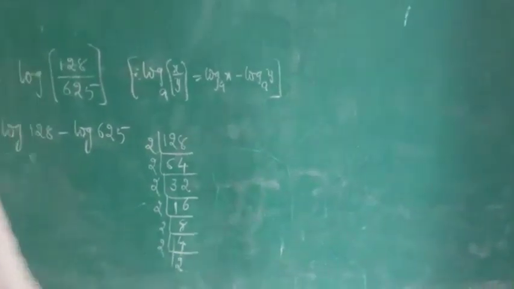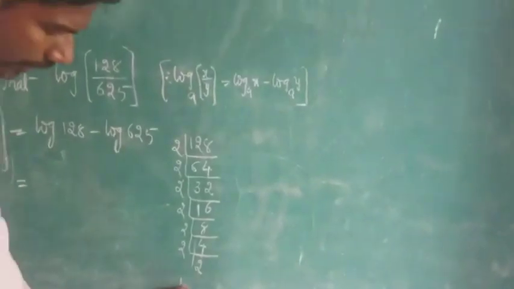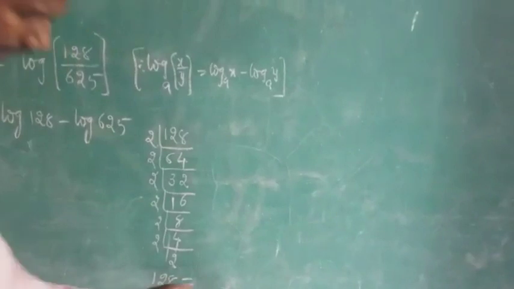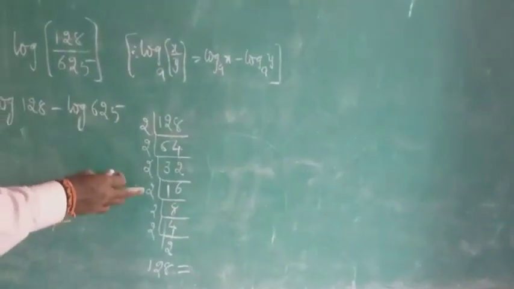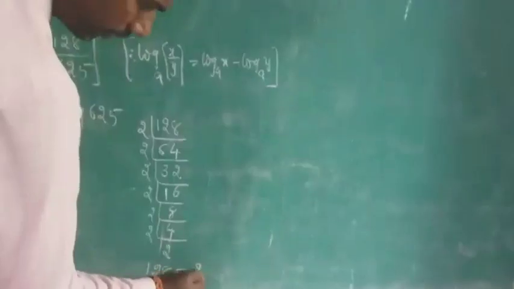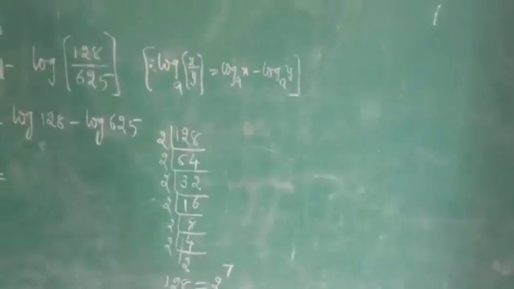So you can write 128 as 2 to the power of 7, counting 1 2 3 4 5 6 7.